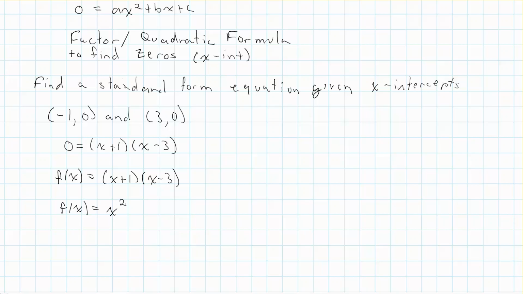We get x squared minus 2x minus 3, because it asked us to put it in standard form. Fortunately, a is 1 here, and so we'd look at b over 2 quantity squared, which would be -2 over 2 quantity squared, which is just 1.